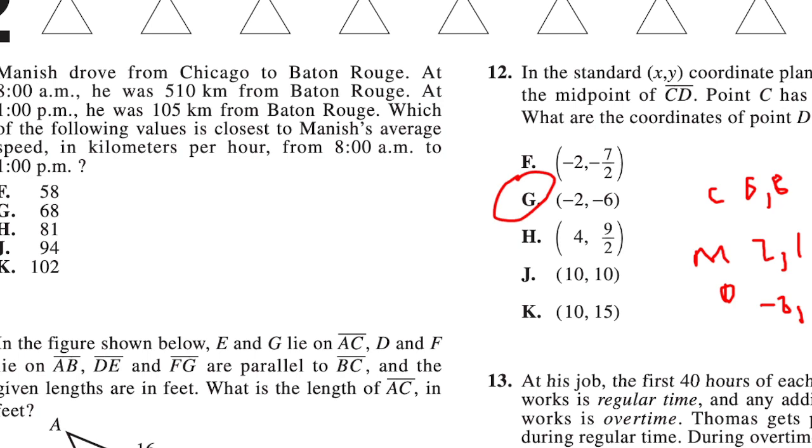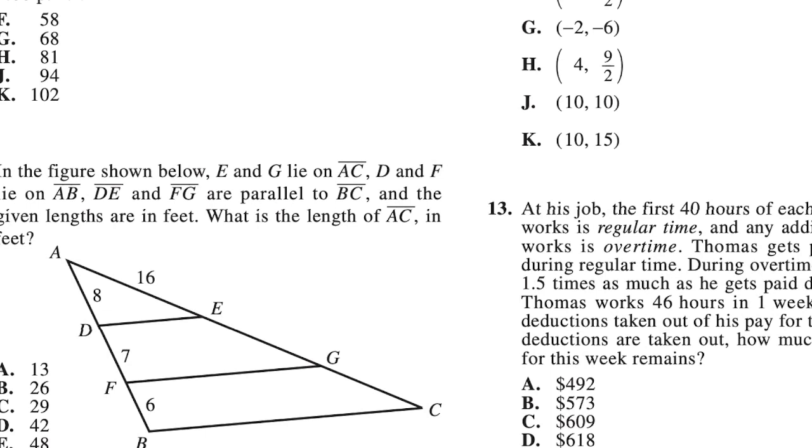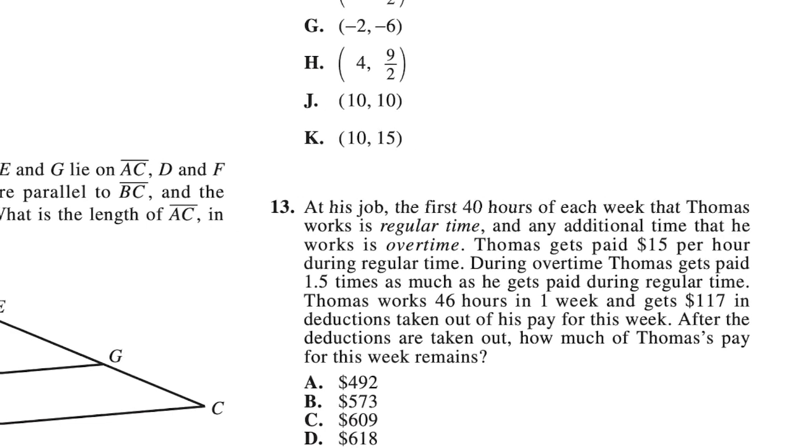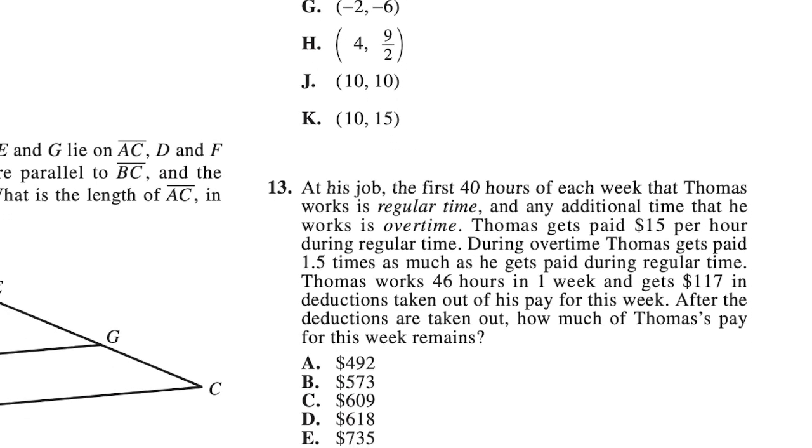And then our last problem for part 1 is 13. At his job, the first 40 hours of each week that Thomas works is his regular time, and any additional time he works, he gets overtime for that. Let me move this so y'all can see the problem. Alright. So, you can read that and pause the video. But basically it's a standard how much does he get paid problem. So he's working 40, that's non-overtime, and he gets $15 for that. That's what the problem says, right?